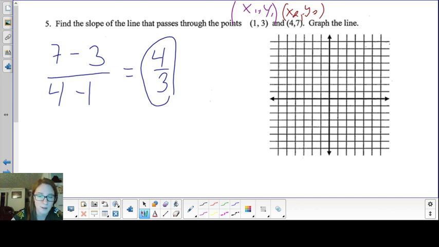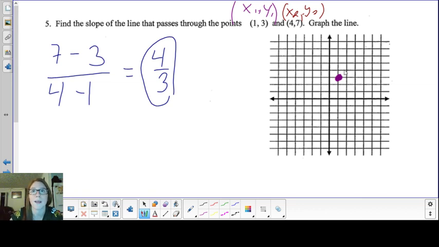So what that's saying is I should be able to graph a point at 1, 3. That spot, not the first one. And if I go up 4 and go to the right 3, I should be at my next point.